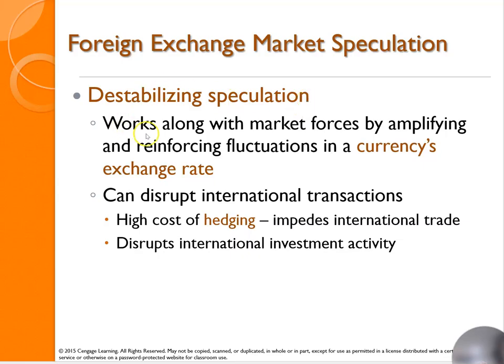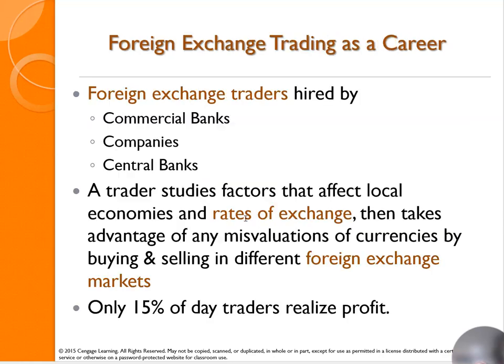Destabilizing speculation works along with market forces by amplifying and reinforcing any fluctuations in a currency's exchange rate. They can disrupt international transactions. A high cost of hedging impedes international trade and disrupts international investment activity. You notice that there is a cost to hedging, is what they said. If it gets too high, it's going to decrease investment and trade.